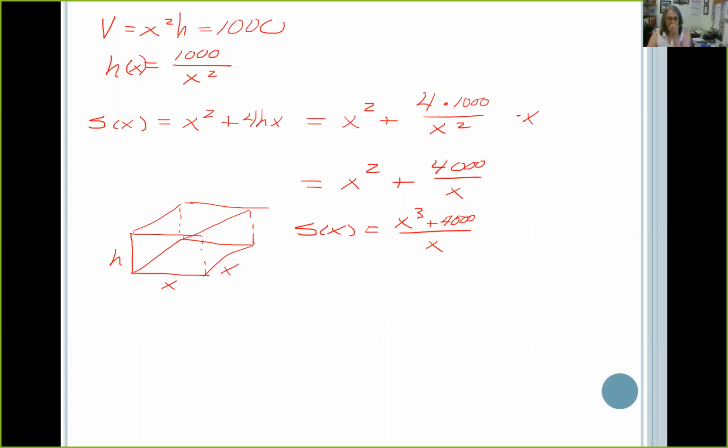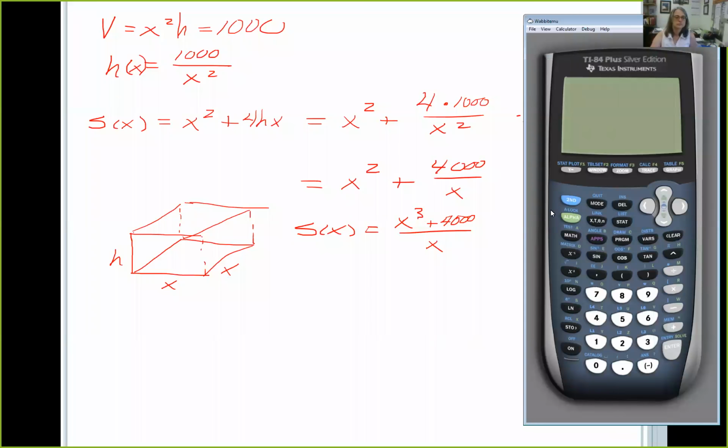So if we graph this thing, y equals, in parentheses, x to the third plus 4,000 divided by x. Let's graph that.